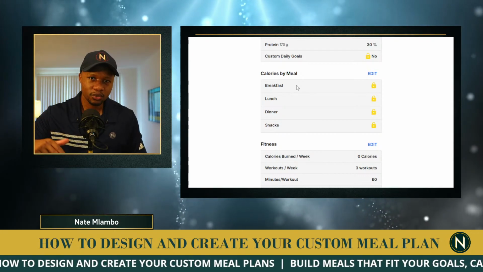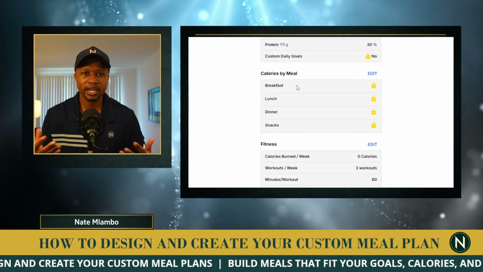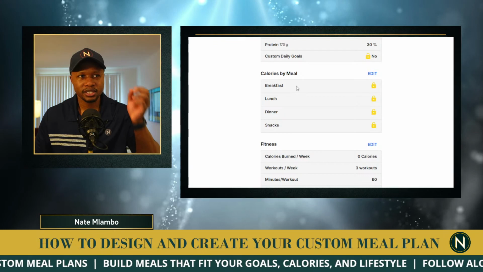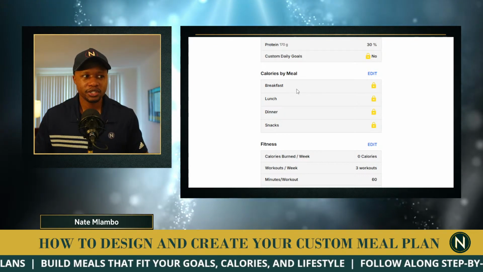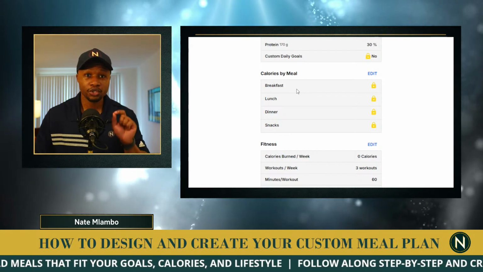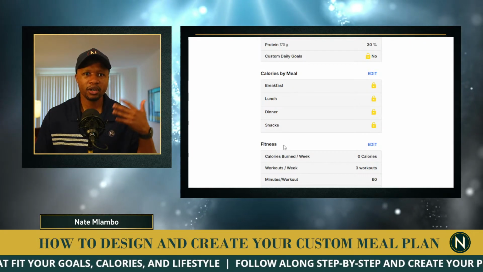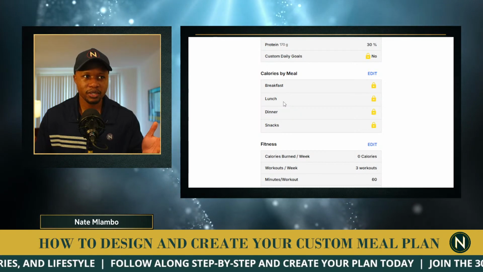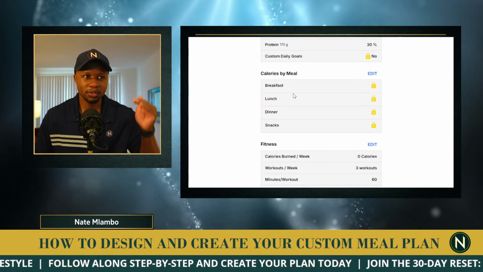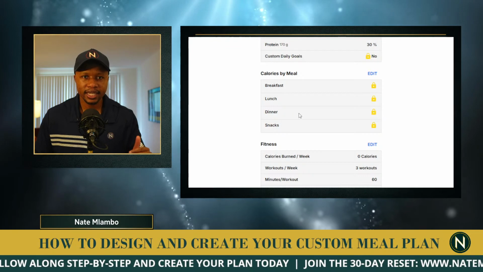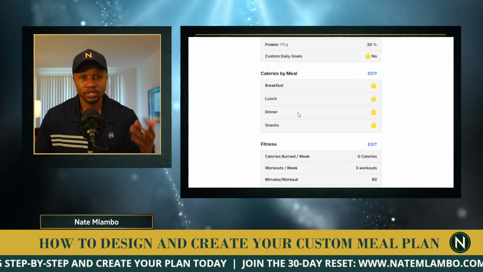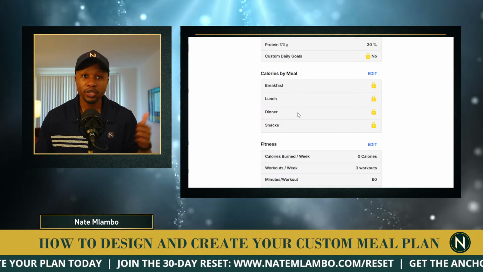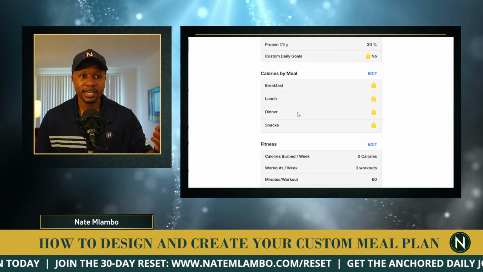It's going to go up, it's going to go down, depending on how much sleep you had, how much rest you had. So you'd want to plan out how you distribute your calories throughout the day based on what your goal is, and depending on what activities you're doing. So depending on what time you work out as well. If you're going to the gym later in the day, maybe you want to push your calories to later in the day. And yeah, you figure out what makes the most sense based on your work and your lifestyle.